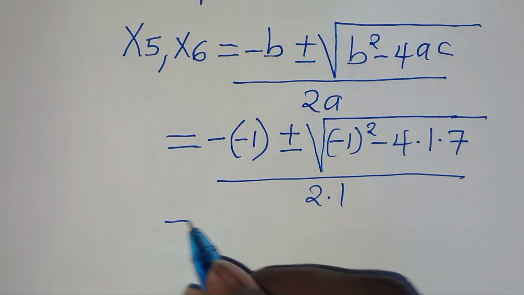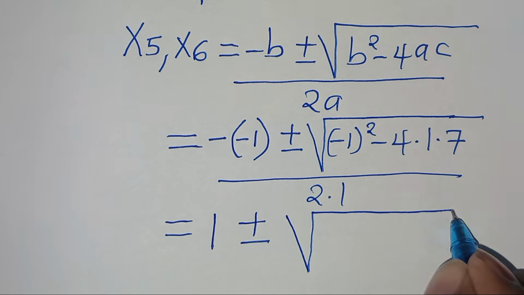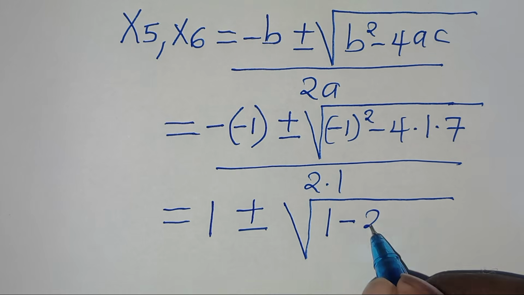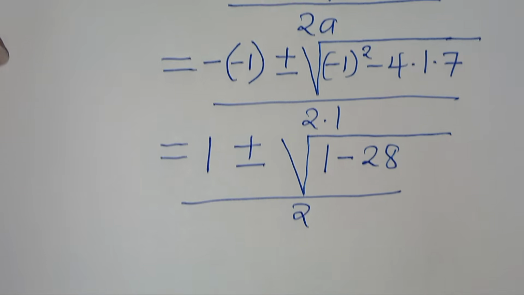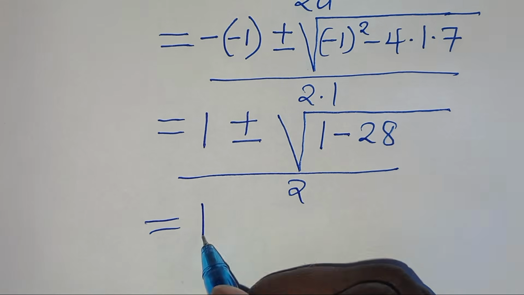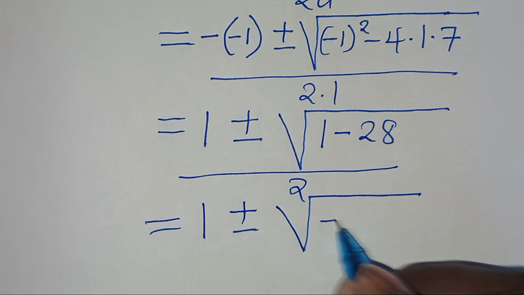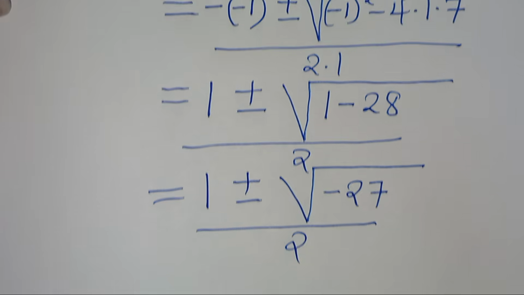So negative times negative 1, this is 1, plus or minus the square root of negative 1 squared, this is 1, minus 4 times 7, this is minus 28, divided by 2. So here we have 1 plus or minus the square root of 1 minus 28, this is negative 27, divided by 2.